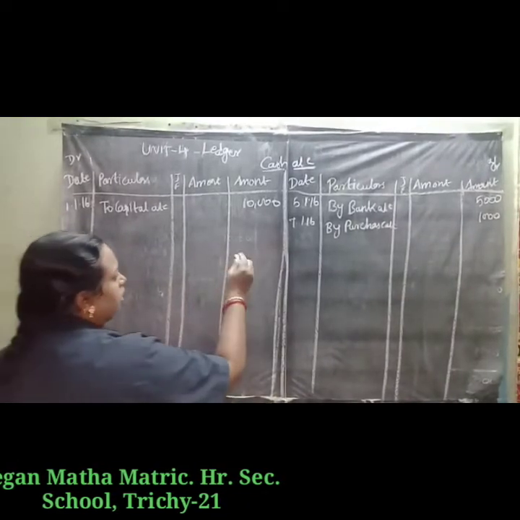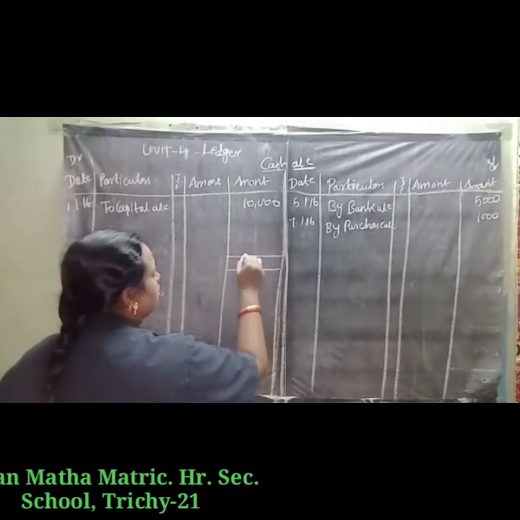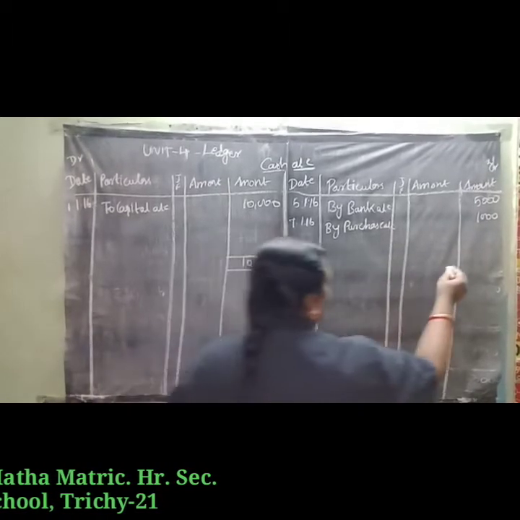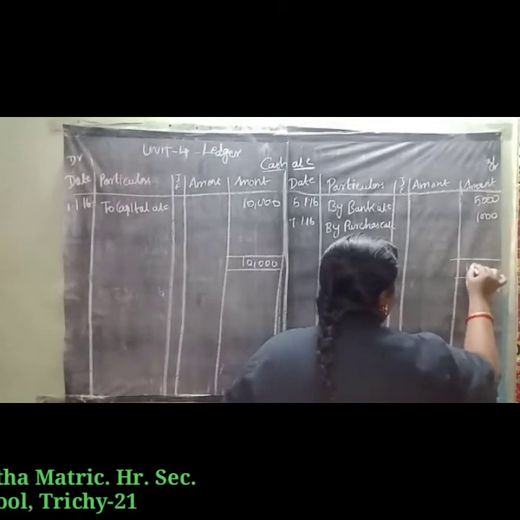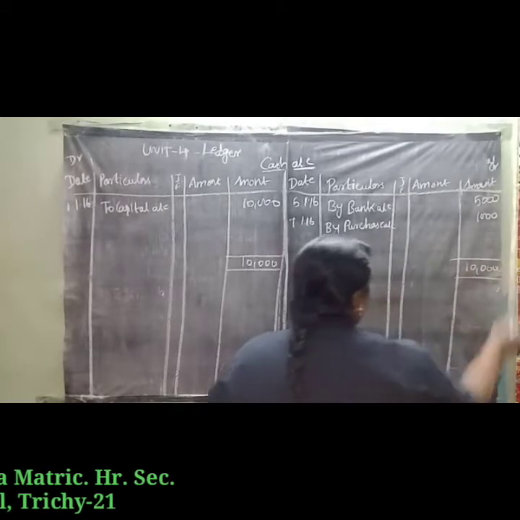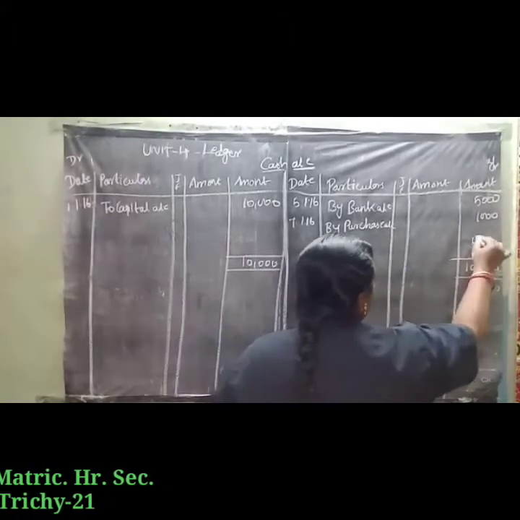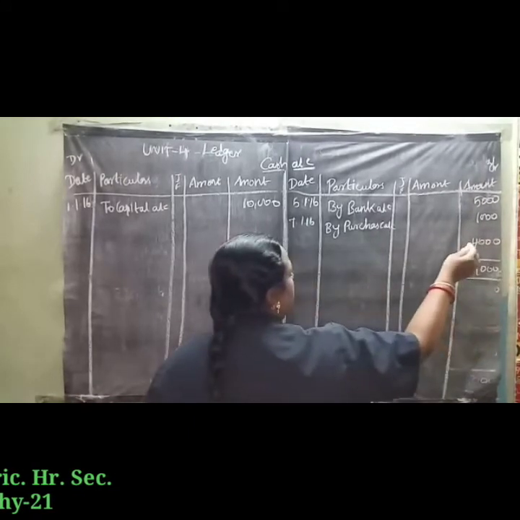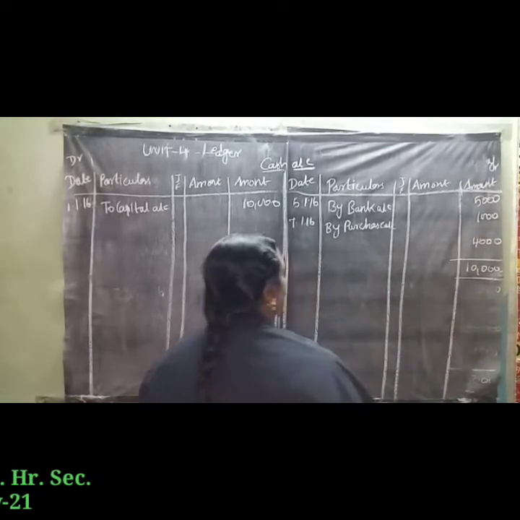So the debit side is greater. We add here 10,000 and bring it to the credit side, 10,000. So the remaining balance is 4,000. 5,000 plus 1,000 is 6,000; 10,000 minus 6,000 is 4,000.